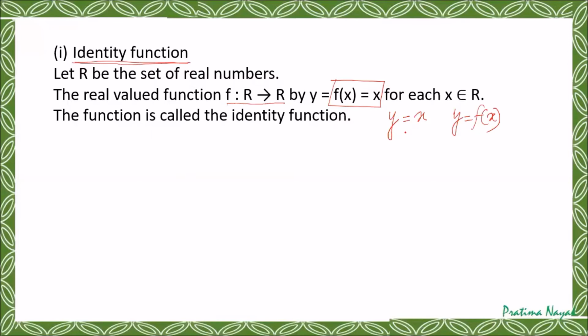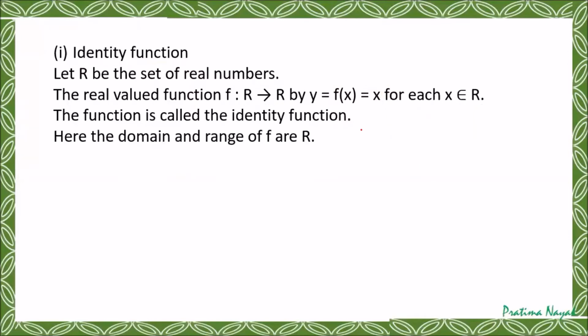So for each value of x, y is defined. So here the domain will be all real numbers, and similarly f of x or y will be the same as x, so the range will be all real numbers. So for the identity function, the domain and range both are real numbers.